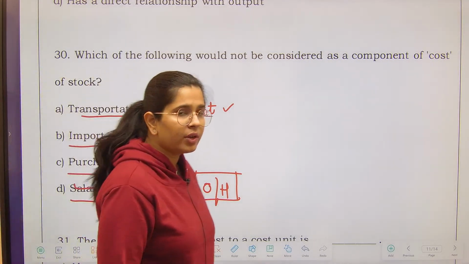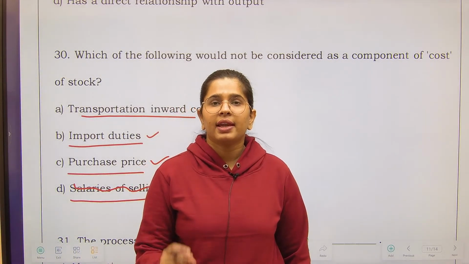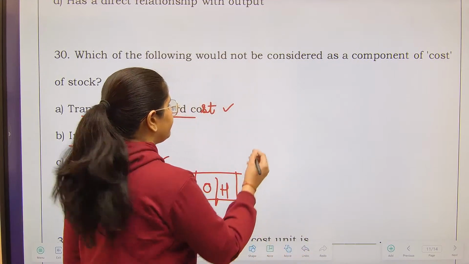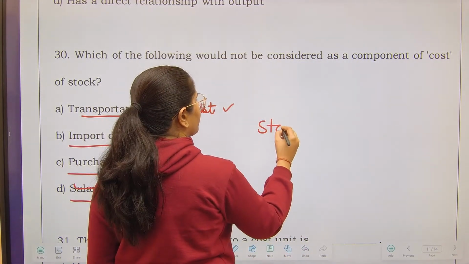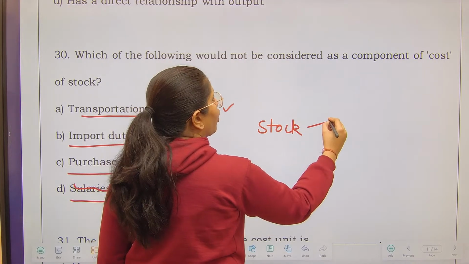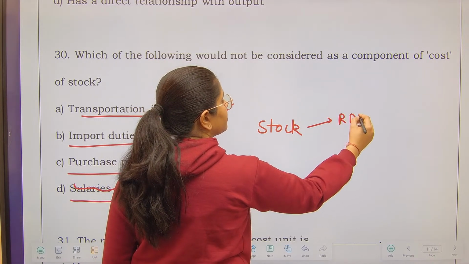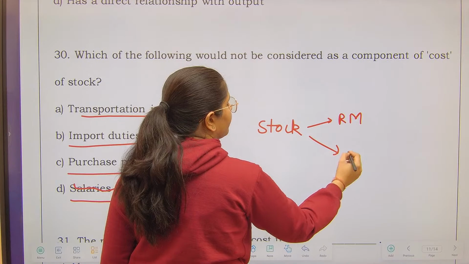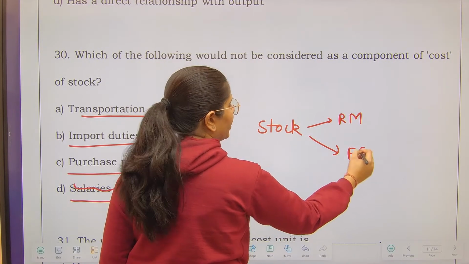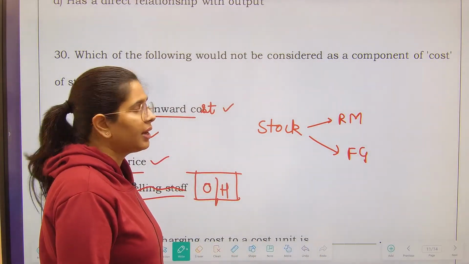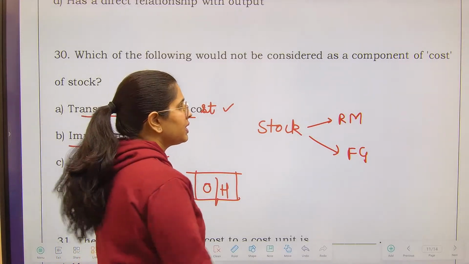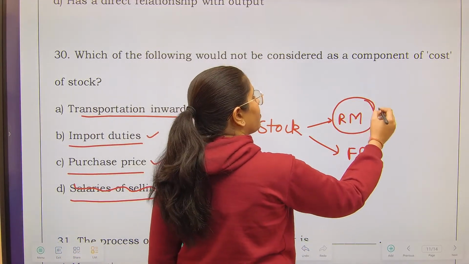See, there are two kinds of stock. One is raw material and the other one is finished goods, right? In case of raw material, you have purchased it from the outside.